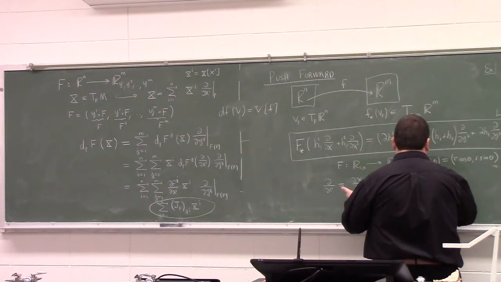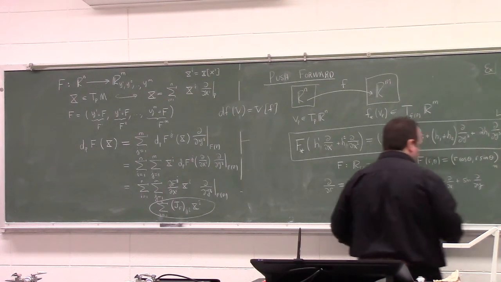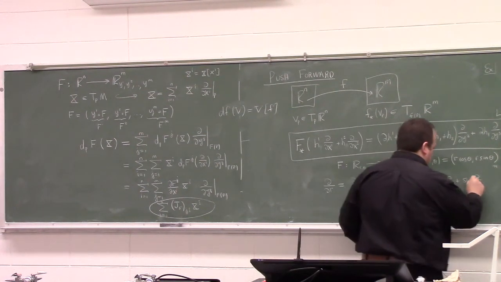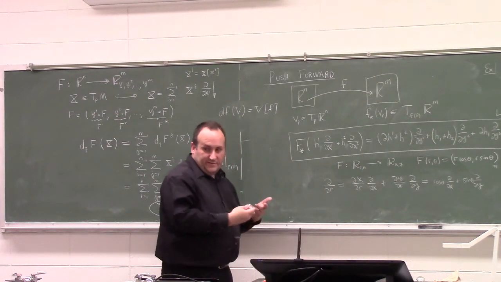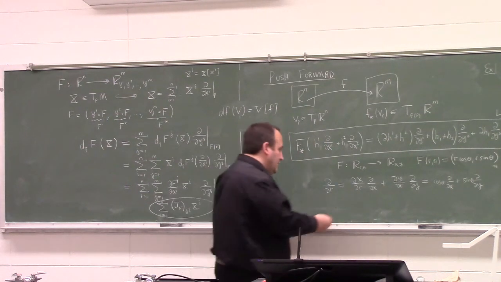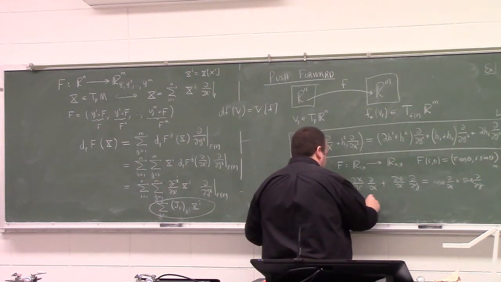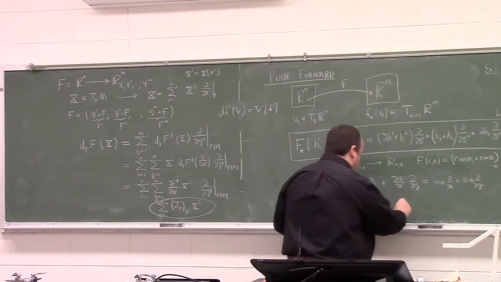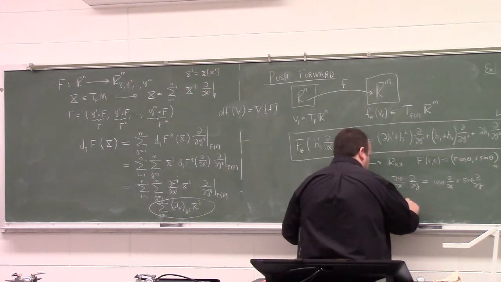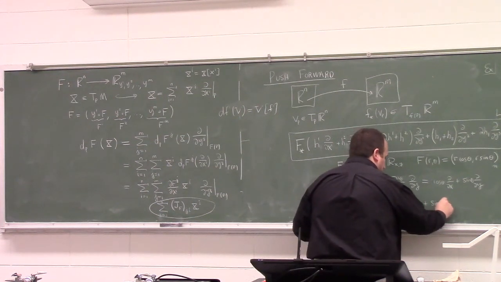Cosine theta partial x plus sine theta partial y. And I'll just tell you this, if you actually slug through the definition of push forward, you can prove that the push forward of the partial r map is equal to cosine theta partial x plus sine theta partial y.